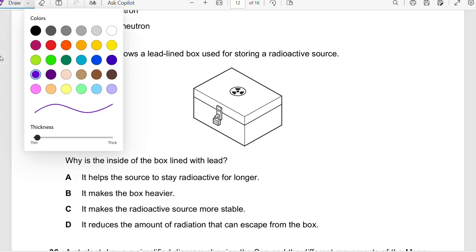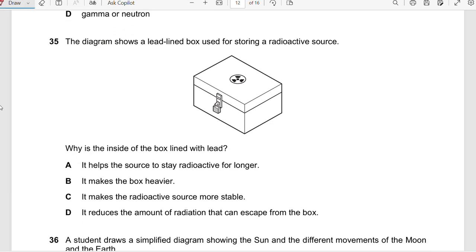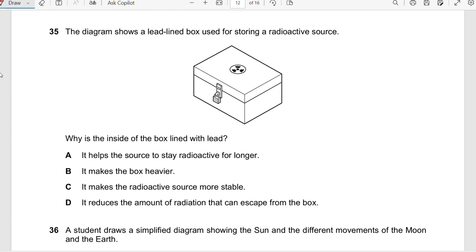Now, question 35. It says, the diagram shows a lead-lined box used for storing a radioactive source. Why is the inside of the box lined with lead? Of course, we use the lead, let me remind you, to protect us. Like you see in the boxes that we transfer radioactive materials in, or in any lab or facility where we're doing nuclear reactions.